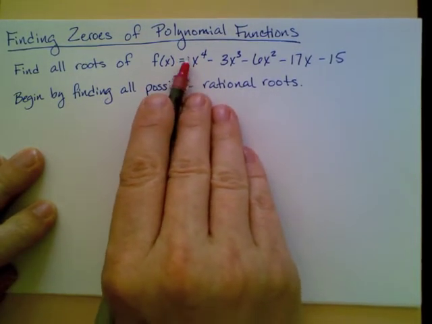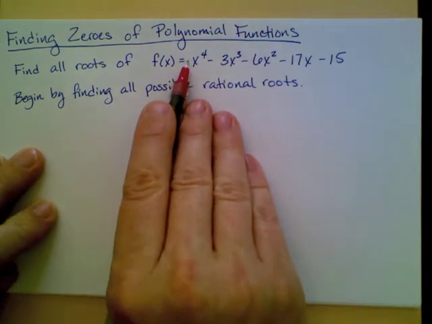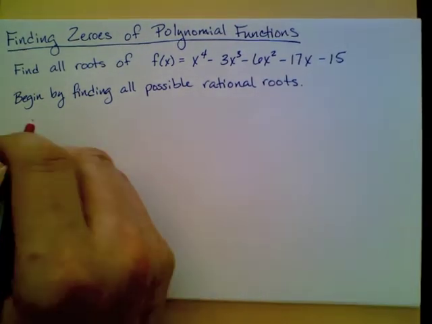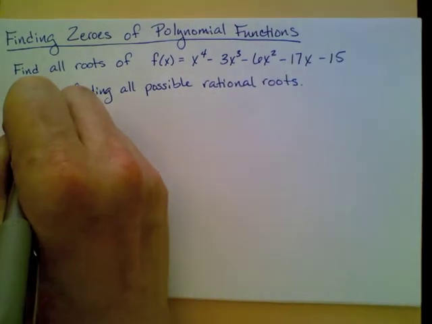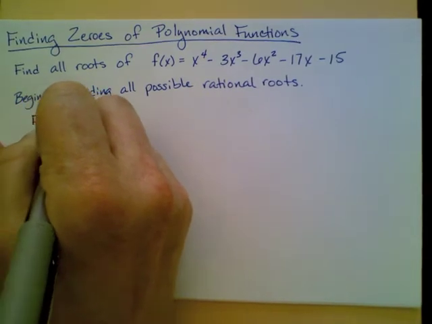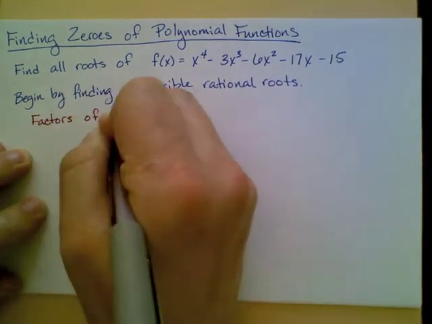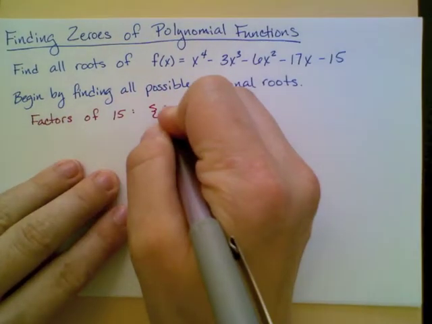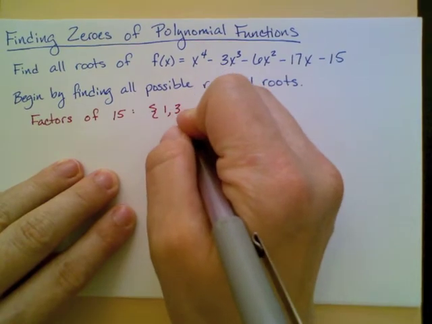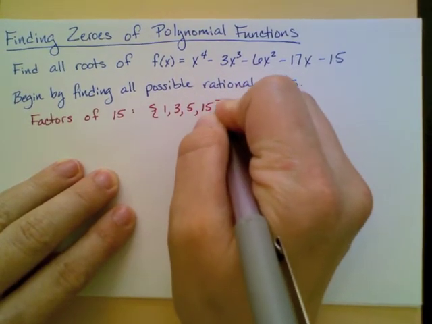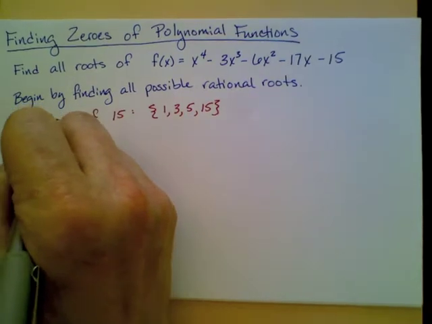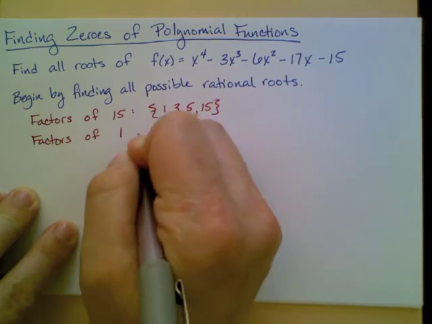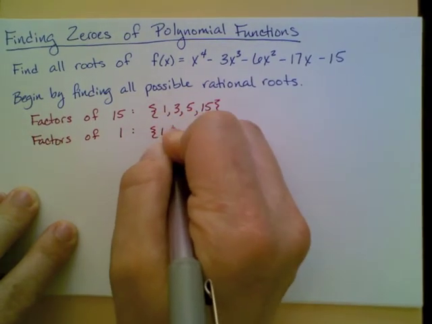If the lead coefficient doesn't appear, remember you can always write a 1 and that is your coefficient. So it's factors of 15. Well, that's going to be 1, 3, 5, and 15. And like I said, the factors of the lead coefficient, well, that's just 1.